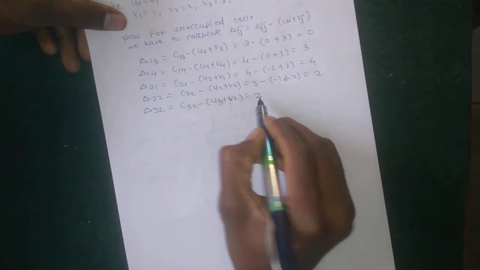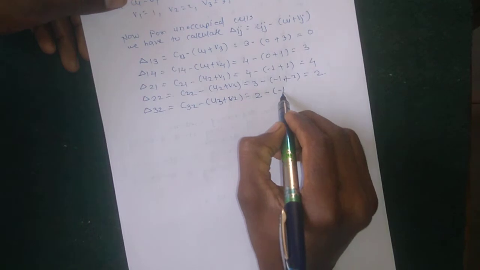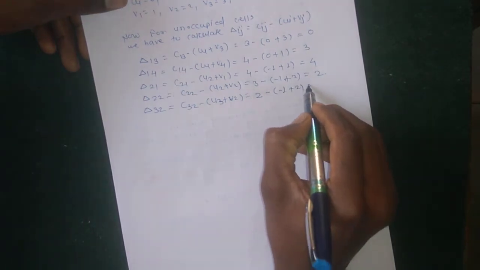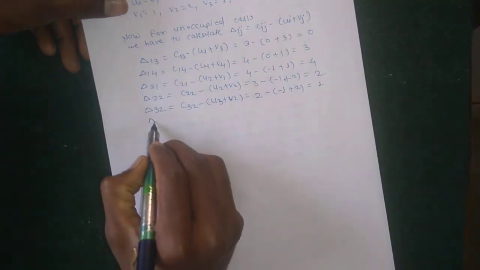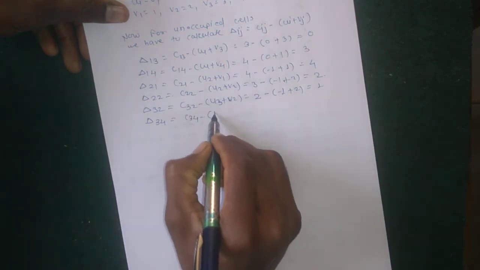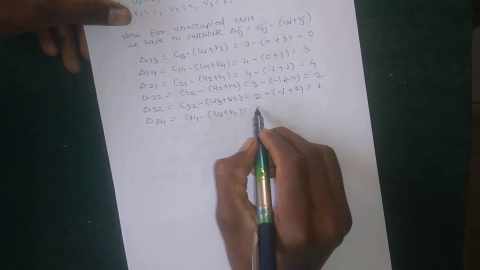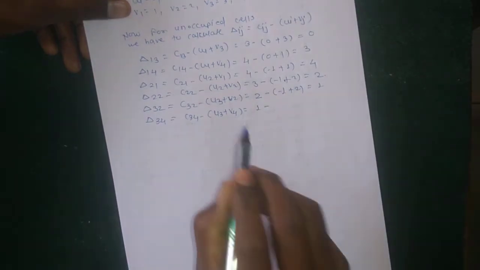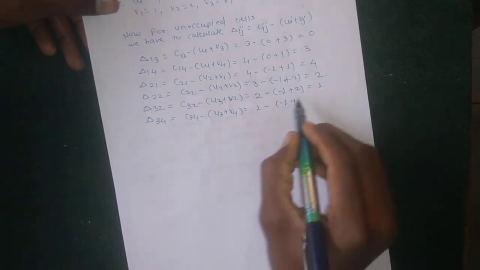C32 is 2, minus (u3 is minus 1 plus v2 is 2), so 2 minus 1 is 1. Then the last one is delta 34, which is C34 is 1, minus (u3 is minus 1 plus v4 is 1), so remaining only 1.